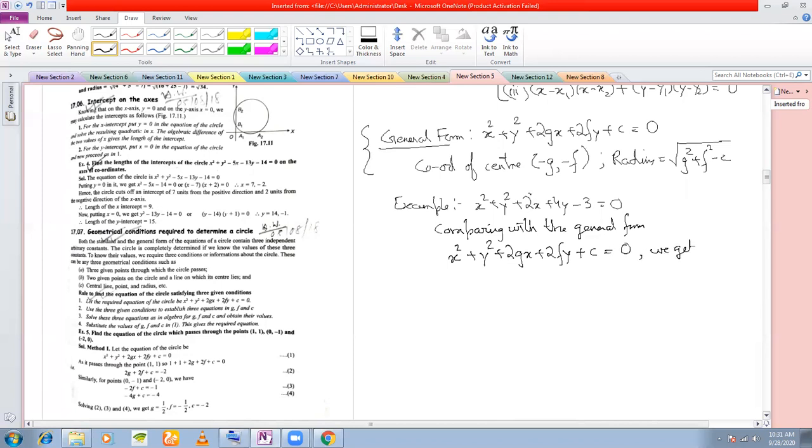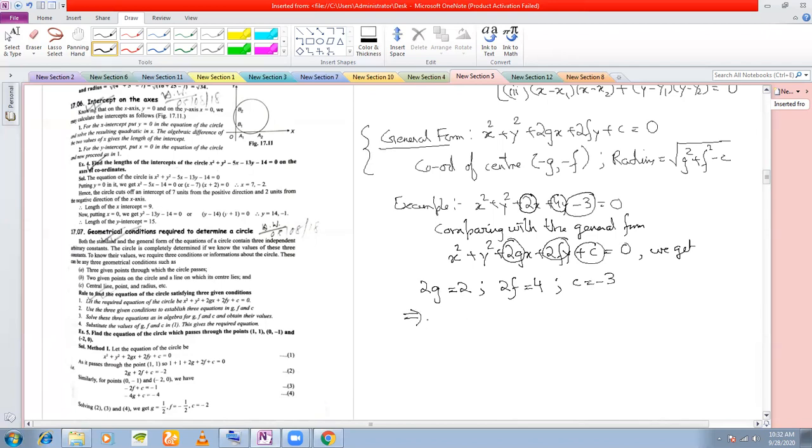If you compare the coefficients, the coefficients of x square and y square are 1. Here you have a 2 and here you have a 2g, so we get 2g is equal to 2. Here you have a 4 and here you have a 2f, so 2f must be equal to 4. And here you have a c and here you have a minus 3, so c must be equal to minus 3.